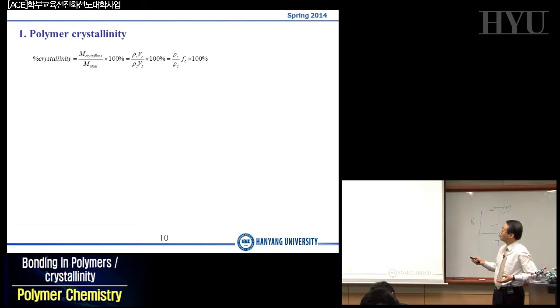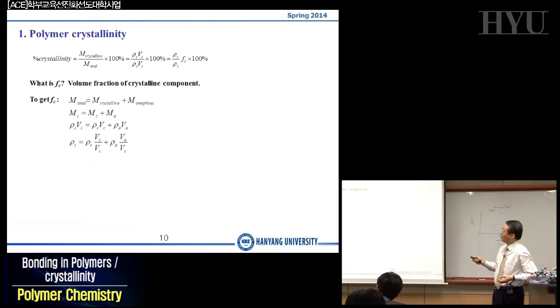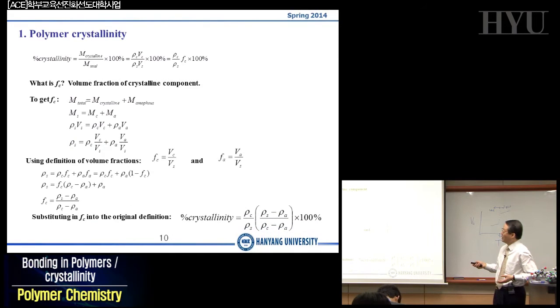So the mass fraction will become a volume fraction in this case, and from this definition, I think you can elaborate a little bit more. Using the volume fraction, you can come up with the final equation right in here.